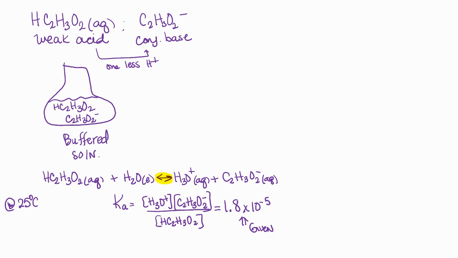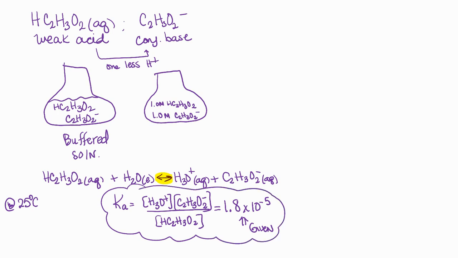Okay, so let's talk about a buffered solution. Let's picture that in this solution, I have 1 molar acetic acid and 1 molar acetate. What is going to happen in terms of the Ka expression?